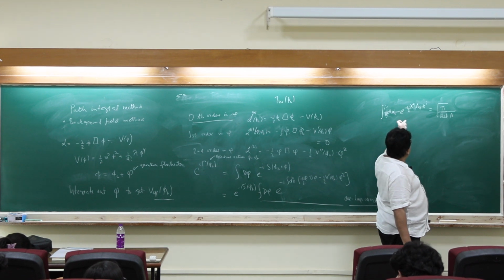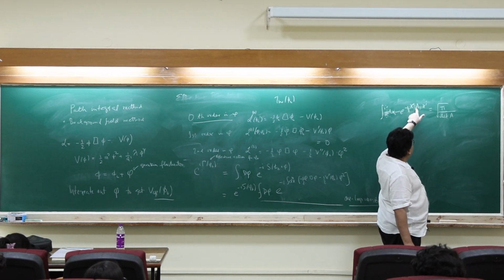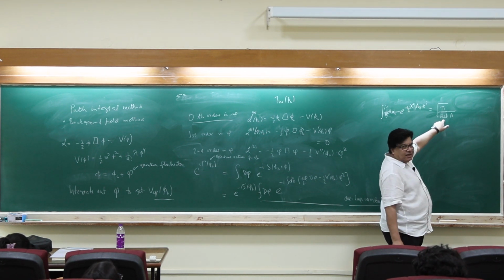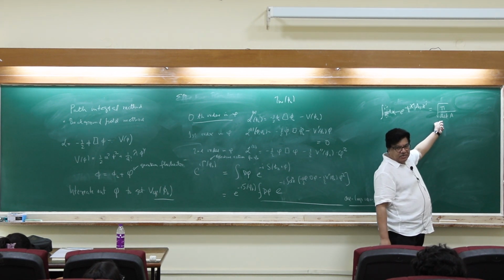For each exponential you will get an eigenvalue of A, and that will give you 1 by square root of that eigenvalue. The product of the eigenvalues will give you the determinant.